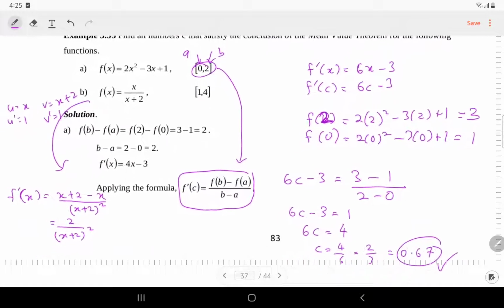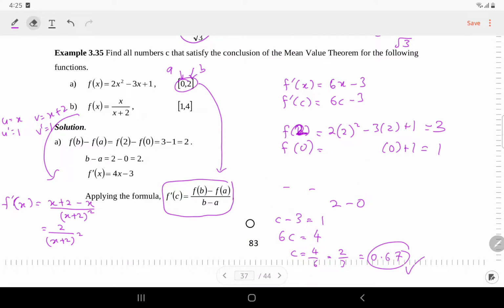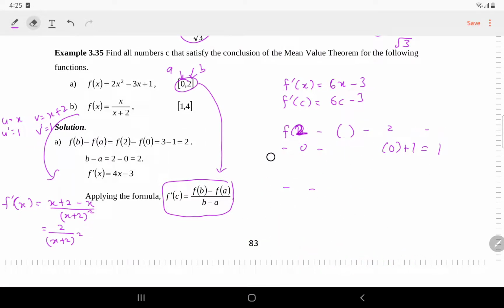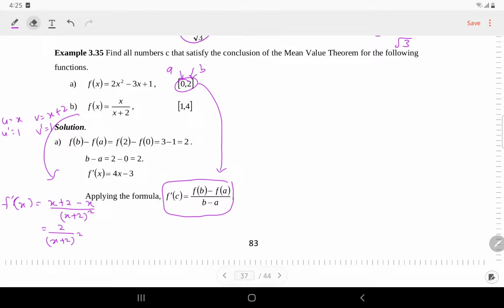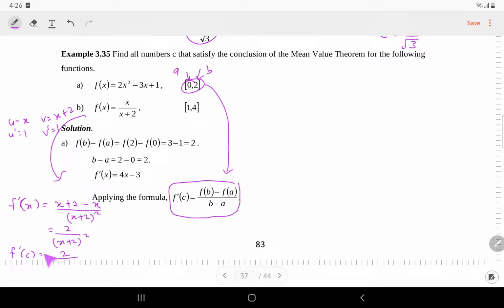So this is our f prime x. And then kita nak cari f prime c. F prime c is equals 2 over c plus 2 square.